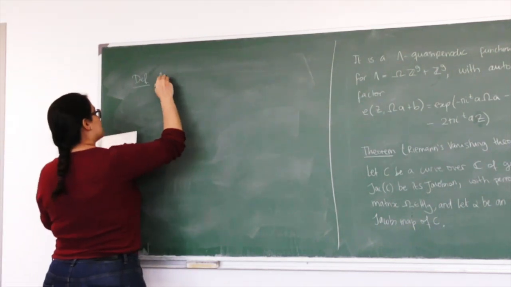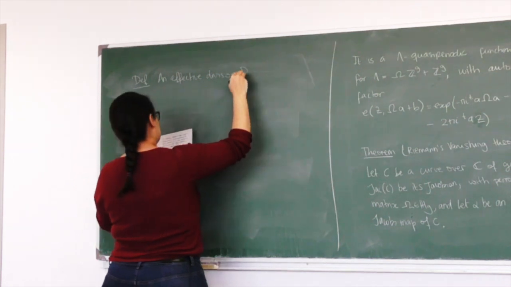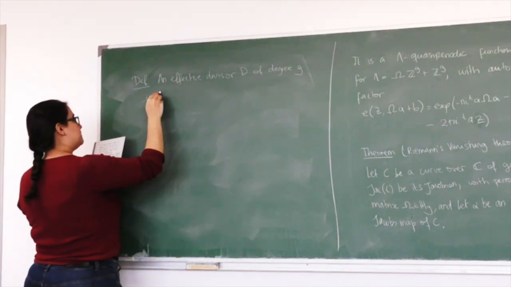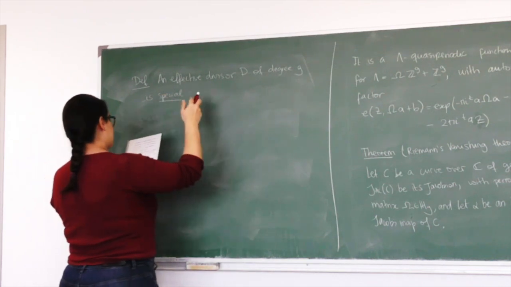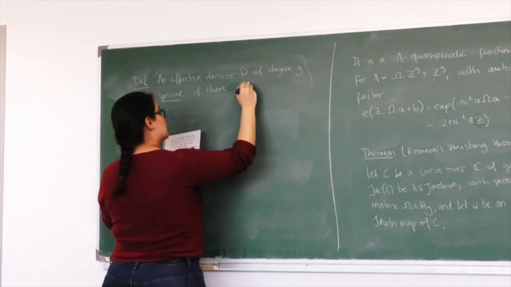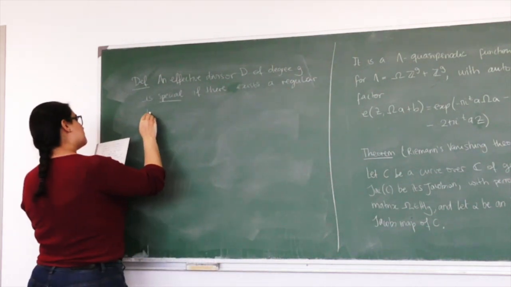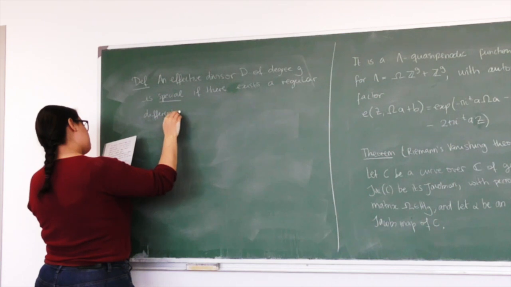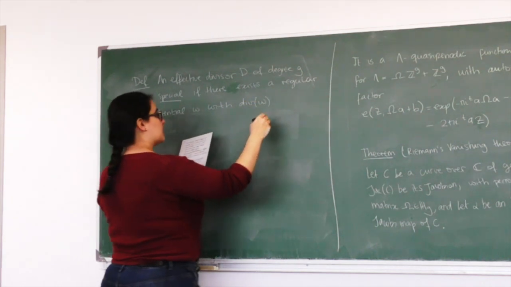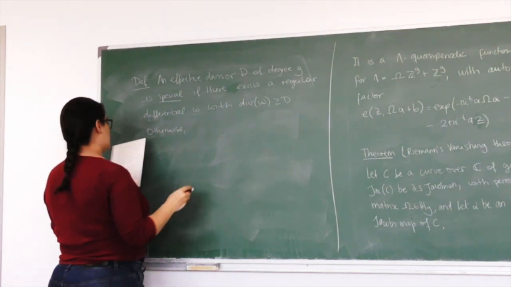So we say that an effective divisor D of degree g is special if there exists a regular differential omega with the divisor associated to omega being bigger or equal than D, and otherwise we call it non-special.